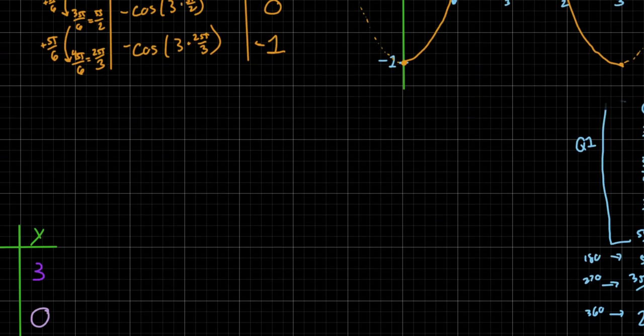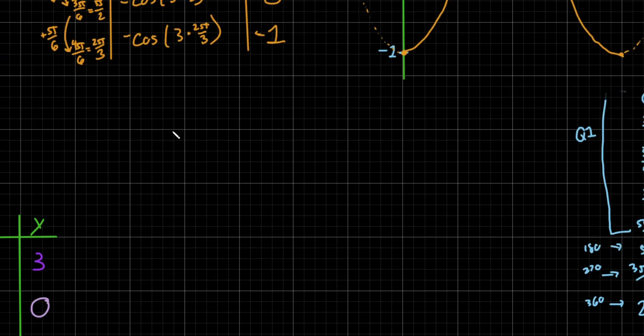Okay, quick check. If I had a graph like this, and I graph a function that looks like that, is that sine or is that cosine? Close your eyes. Raise your hand if you think it's sine.